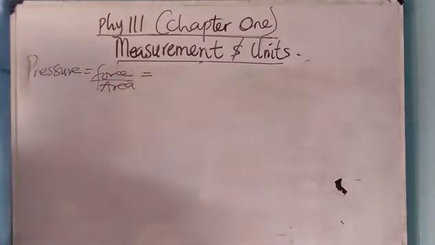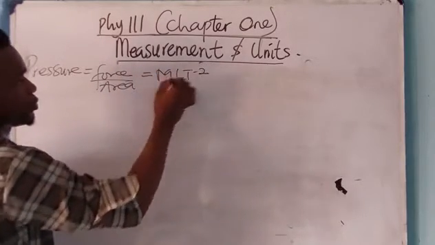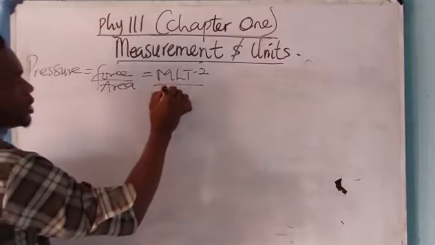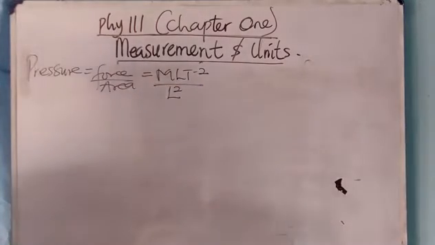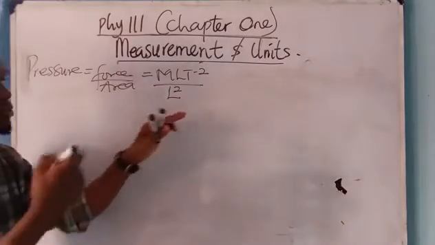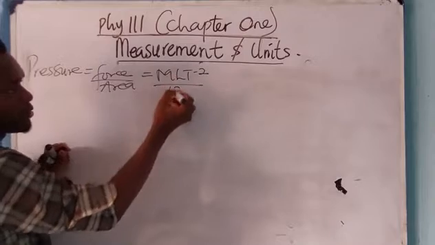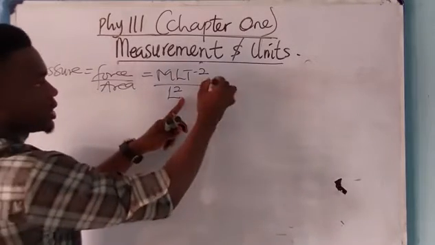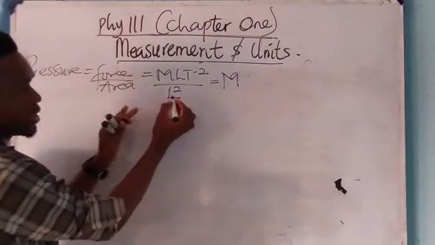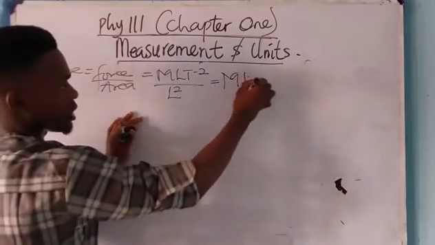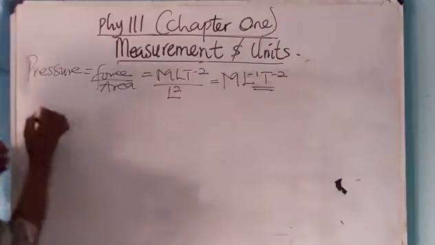Force is MLT minus 2. Area is L raised to power 2, because area is length times length, which is length squared. You have one L on top and two L's below. Remove one L from here, you are left with one L. It therefore means that M, then the L remaining here goes up, it becomes L minus 1, then T minus 2.